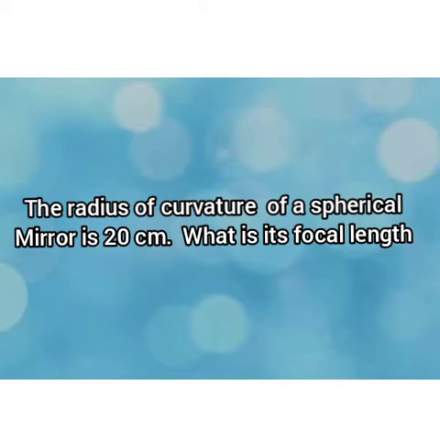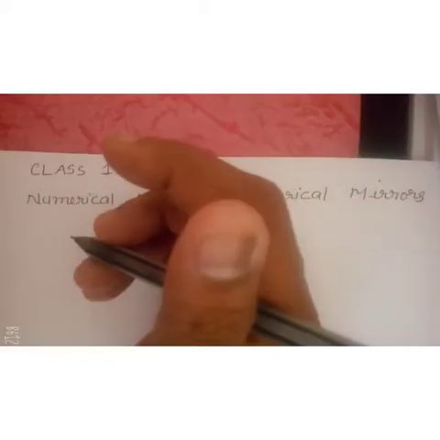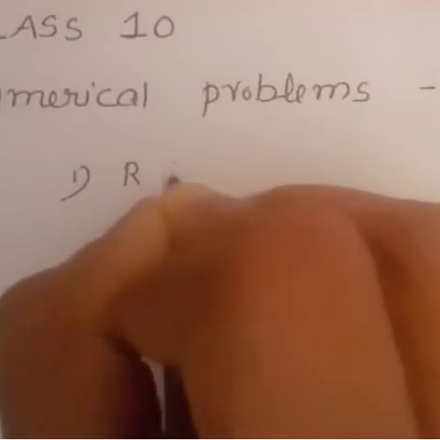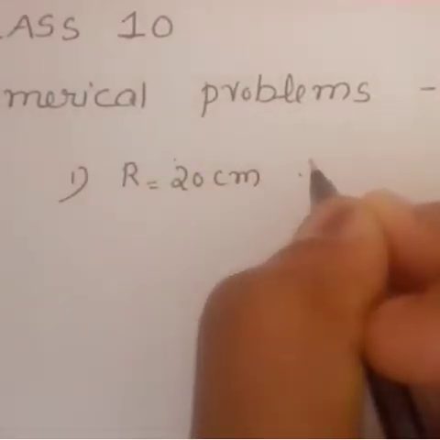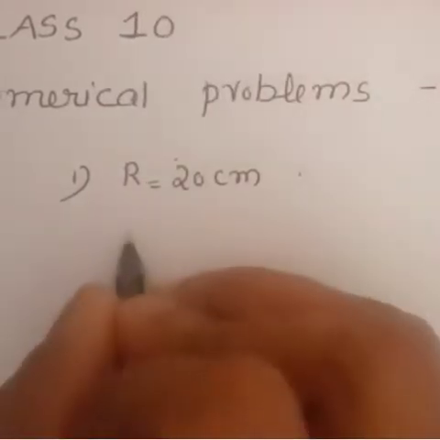In that question, the given term is the radius of curvature of a spherical mirror, 20 centimeter. That means R is equal to 20 centimeter. How to find out the focal length?